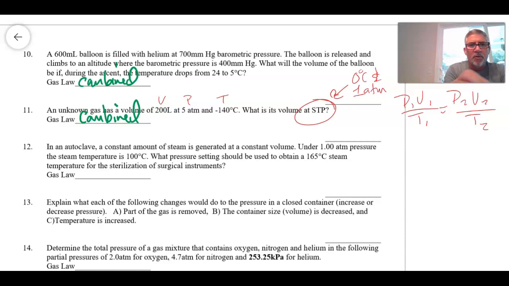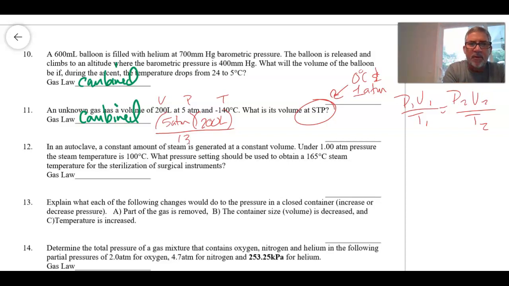Okay, so I have 5 ATM times 200 liters. I convert my negative 140 to Kelvin.